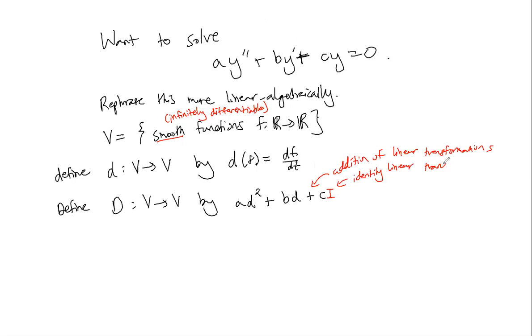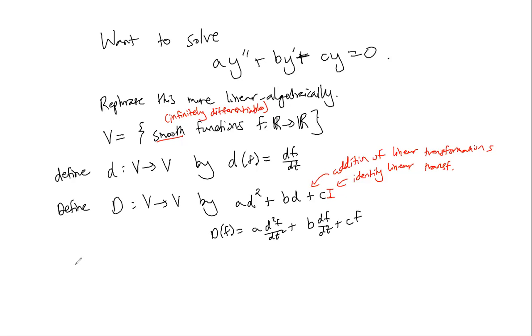We've seen this a little before when we talked about transformations between polynomial spaces. Just to reiterate, D takes a function f and outputs a d squared f dt squared plus b df dt plus cf. So it's exactly this differential equation.